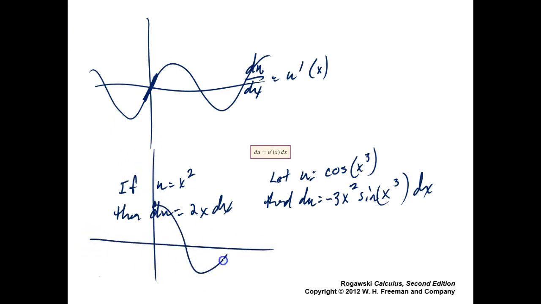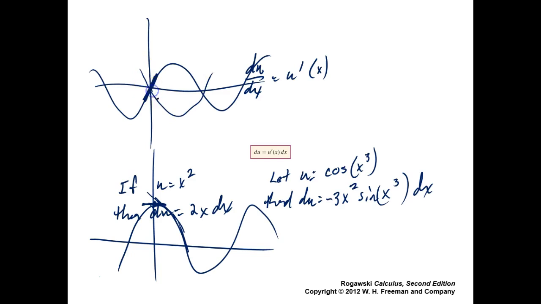Cosine starts at 1 and does this, right? Okay? Now, the derivative of cosine then should be 0, and sure enough, that's what sine is. But if you'll notice here, the derivative starts going downhill, so it's negative. So the derivative of cosine is minus sine.